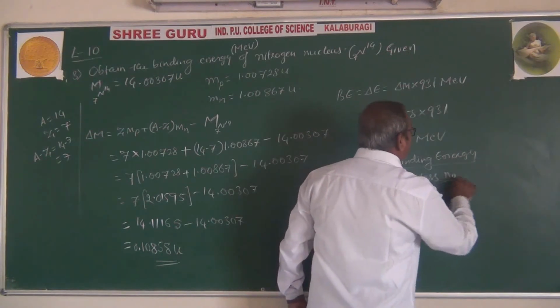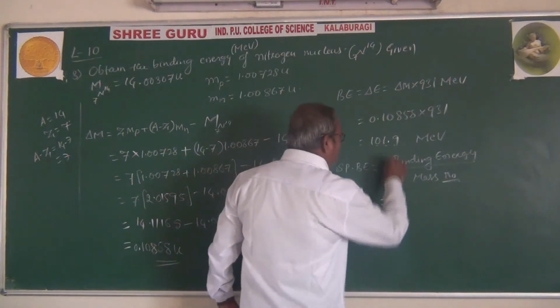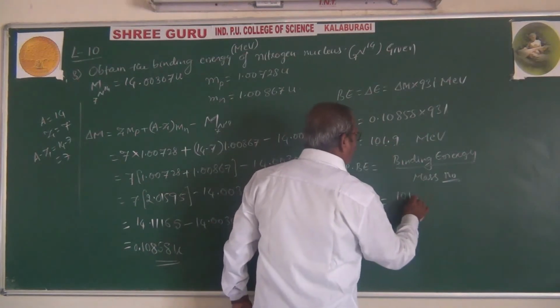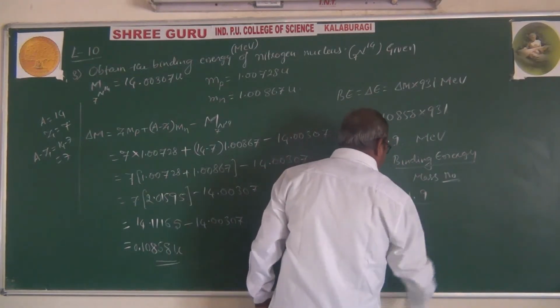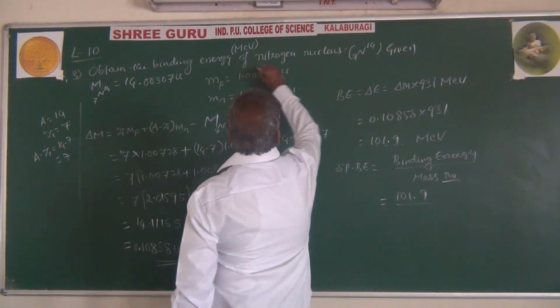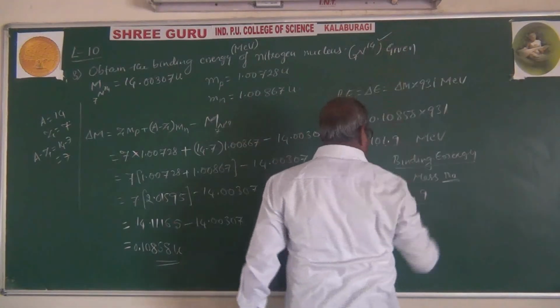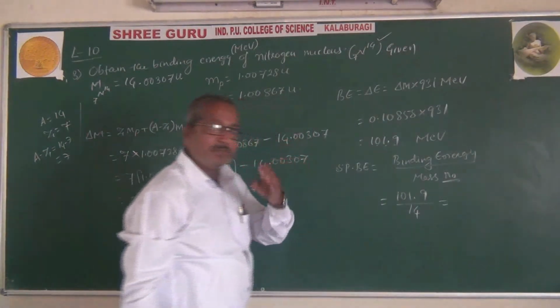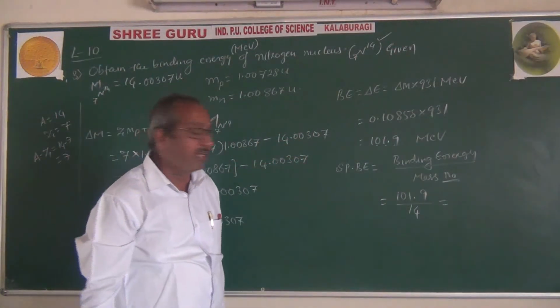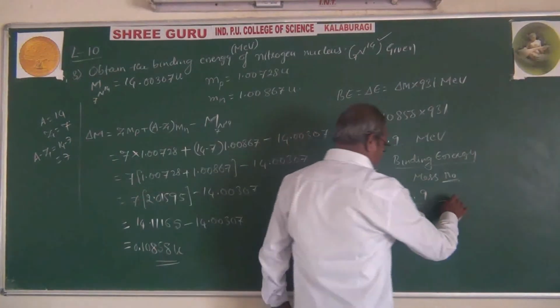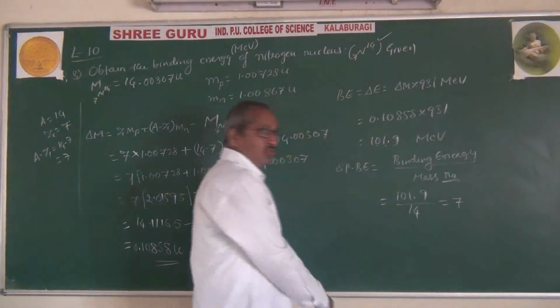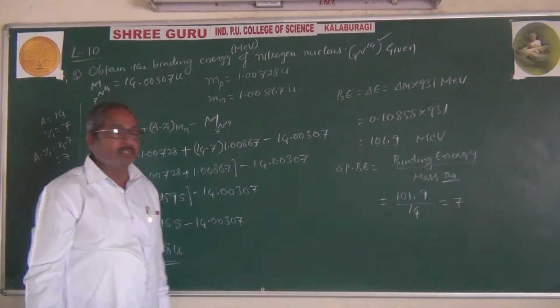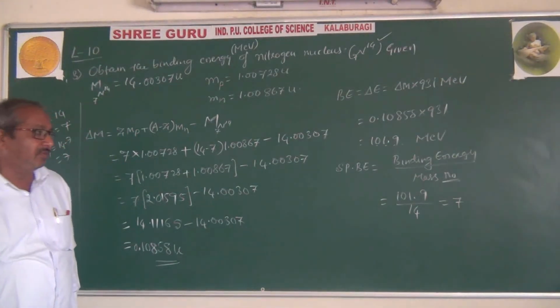This equals 101.9 divided by the mass number of nitrogen, which is 14, and this gives the specific binding energy. As you know, 14 7s are 98, I think. What is left here?